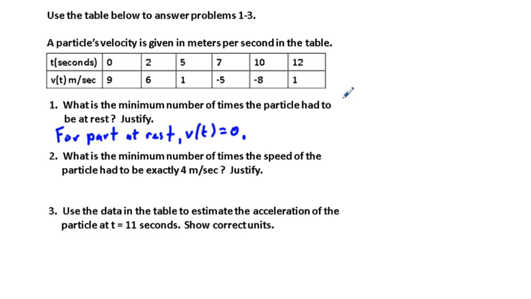And the way we articulate this in calculus, I'm going to write this to the right, give room. According to the IVT, which is abbreviation for intermediate value theorem, there must be, between 5 and 7 seconds, and also between 10 and 12 seconds, because we went from negative 8 meters per second up to 1 meter per second.